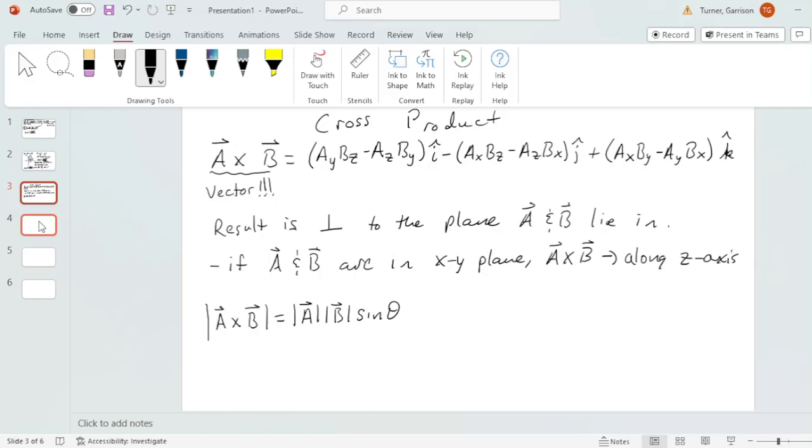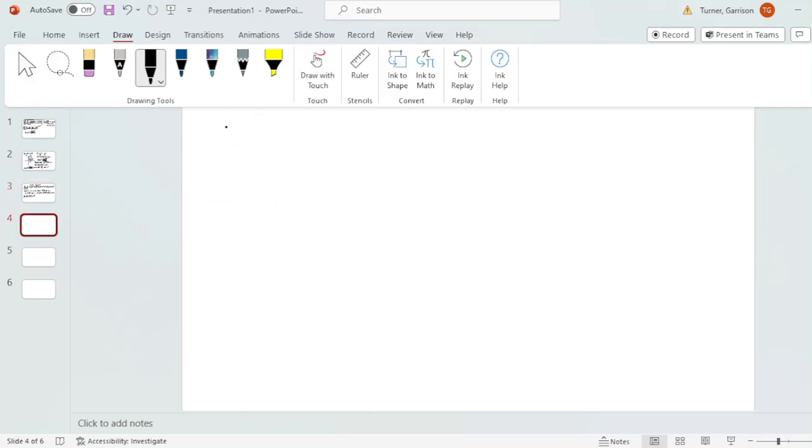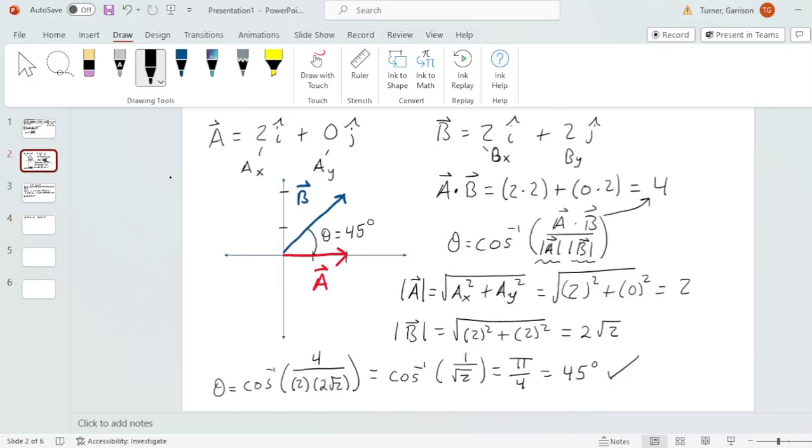Okay. So let's use the same two vectors that we had before. Okay, so this lives in the XY plane just like we had before.